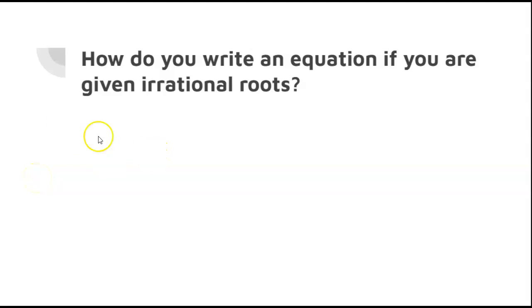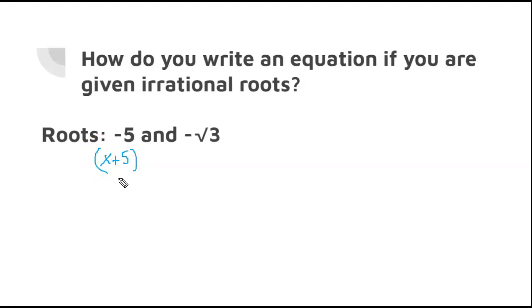So how do you write an equation if you are given irrational roots? Let's say negative 5 and negative square root of 3 are roots. If we know that these are the roots, again, we can write them as factors. I'm looking at negative 5, so that must have been x plus 5 as its factor.